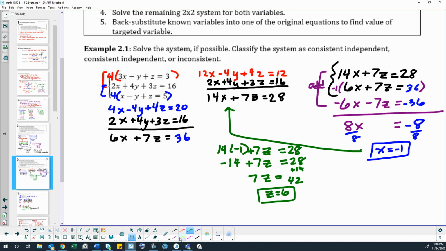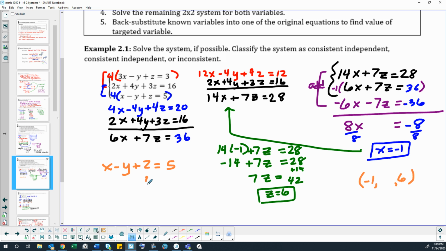All right, now that we know x and z, we are going to go back to one of our original problems. Let me pick a whole different color here to do this. So we know x equals negative 1. We know z equals 6, and now we just need to find y. So go back to one of these original problems. It doesn't matter which one. Pick one. I'm going to go with the bottom one. So I'm going to go with x minus y plus z equals 5. I chose the bottom one because the numbers are really small.